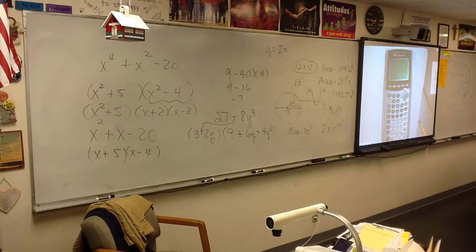And then how do you graph it over like that? And then just L1 and then just do 2x.